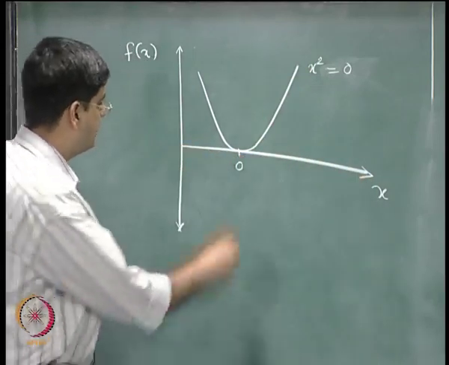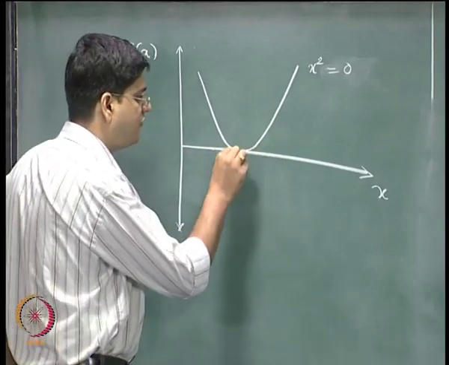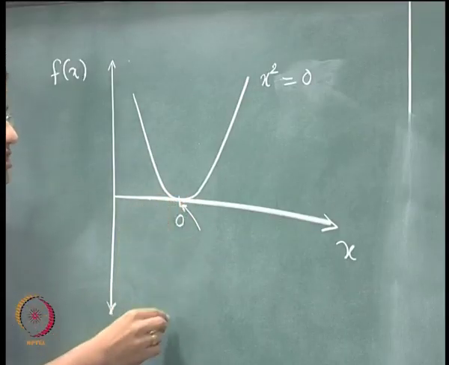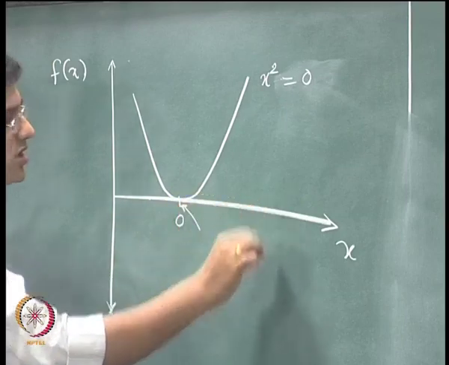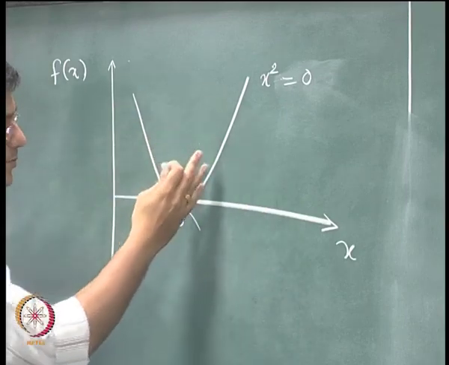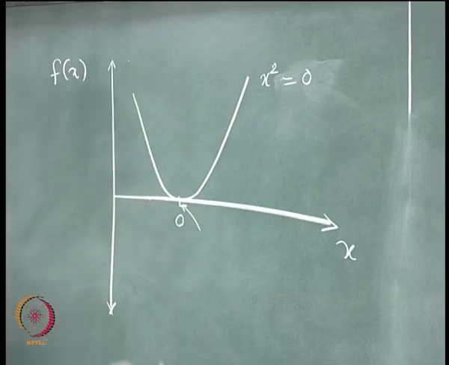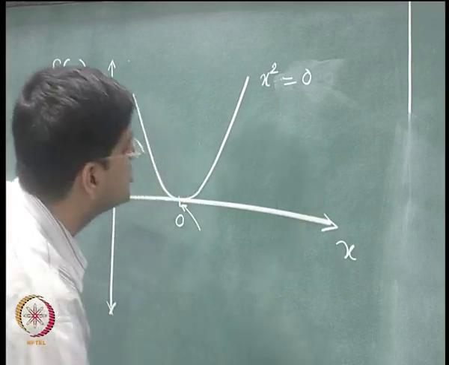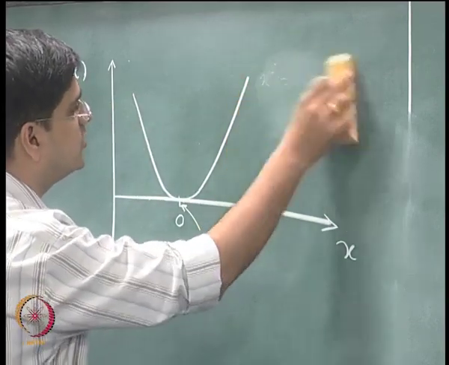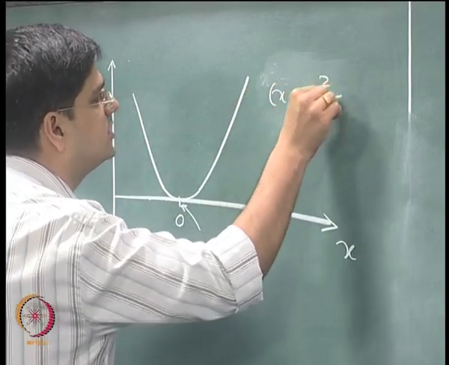If we look at any point on this curve except for the origin, at all the other points our f of x is always going to be positive. Why just look at x square equal to 0? We could also look at, say, x minus 1 squared equal to 0.